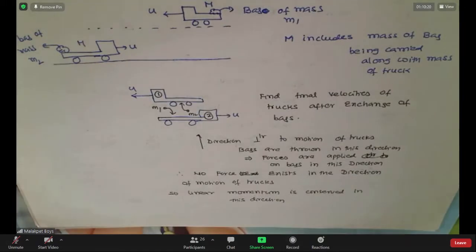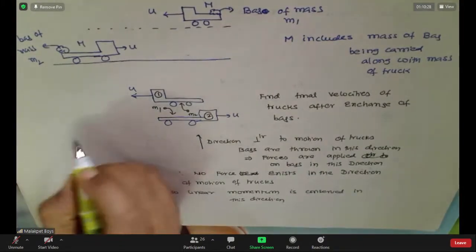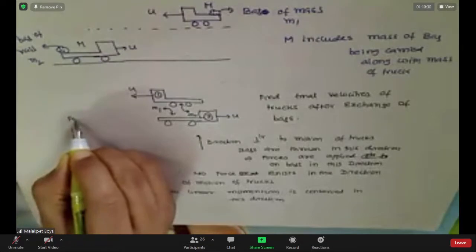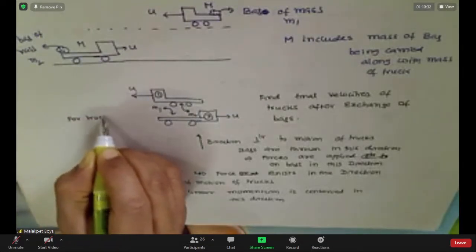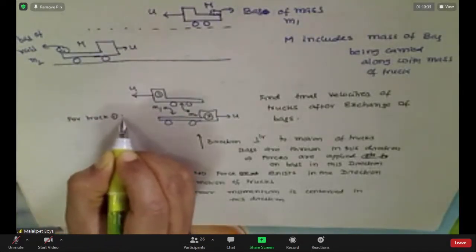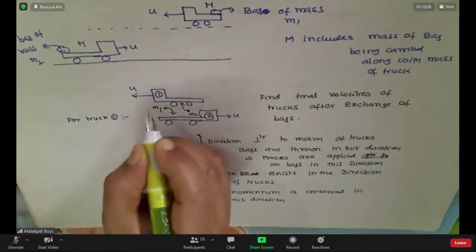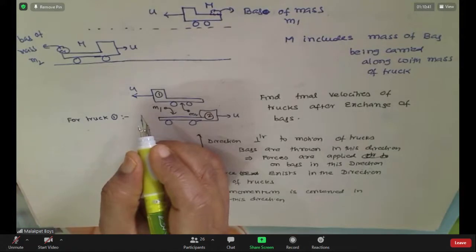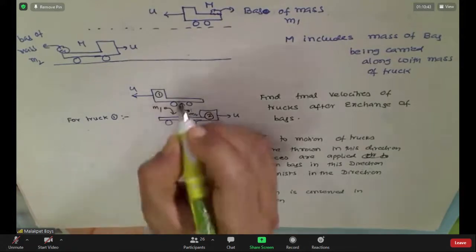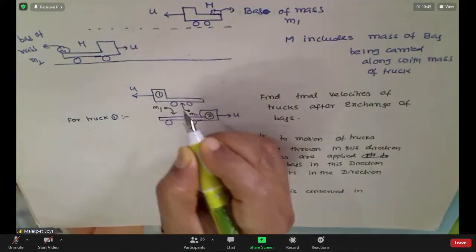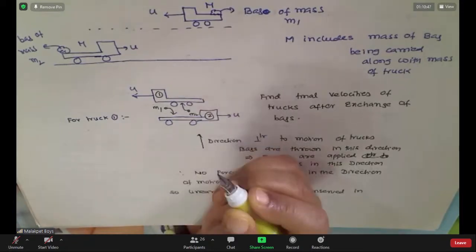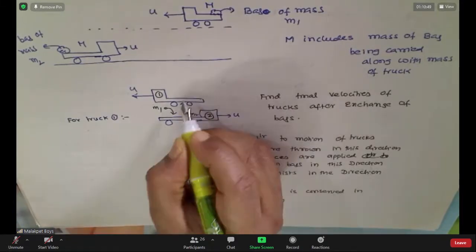Completed, sir. So here, for truck 1, initially the velocity of truck 1 is in this direction.